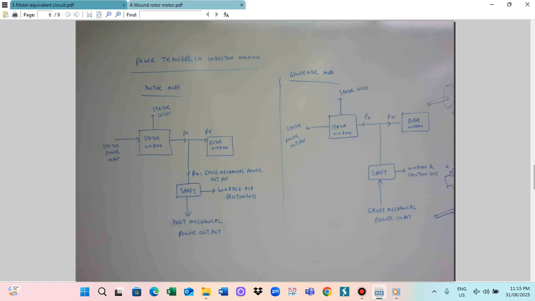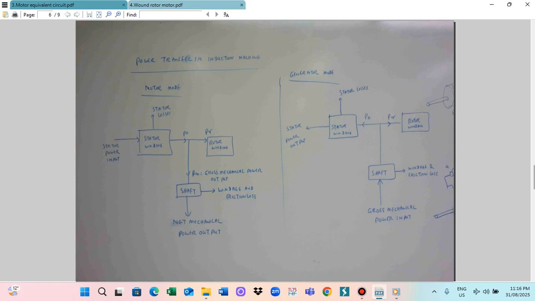So this is the stator winding. This is the rotor winding. And this is the shaft. Firstly we have the windage and friction loss. The input power is gross mechanical power input.